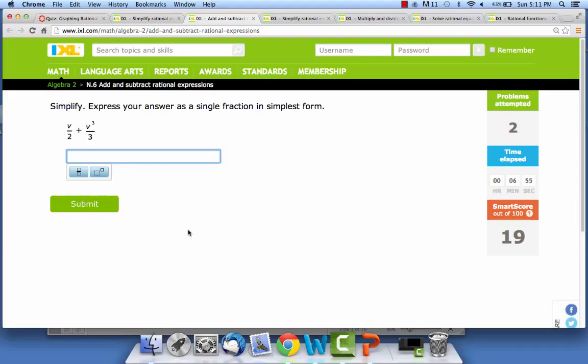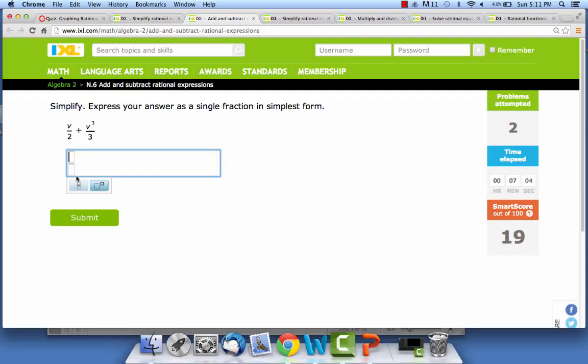Okay, so this one, 2 is prime, 3 is prime. So the highest power of 2 is 1. The highest power of 3 is 1. So I need to have, in both cases, a 6. So I have v over 2 plus v cubed over 3. So I need them over 6.